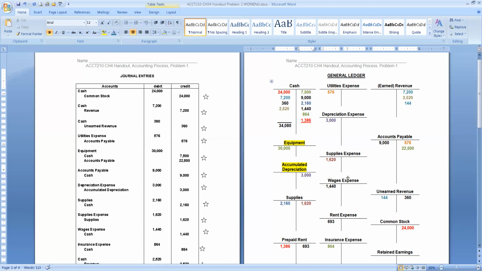It's almost hard to come up with a transaction that doesn't go through cash. Maybe if someone bought something with land or something, or gave you equipment to buy something. But again, it's hard to come up with things that don't run through cash. Okay, so that's the debit side. So we're going to do the credit side.